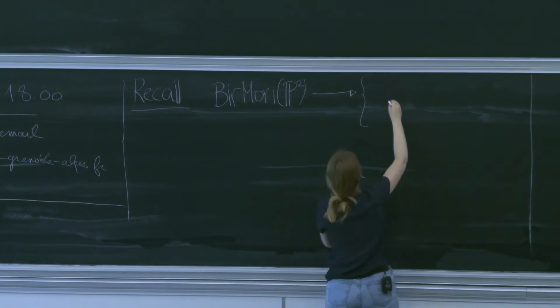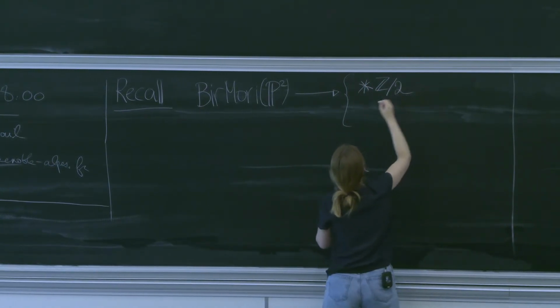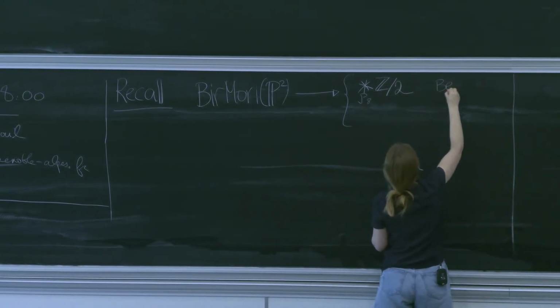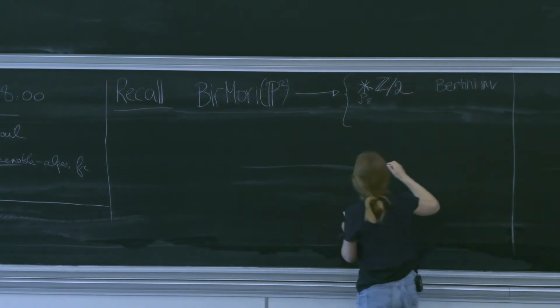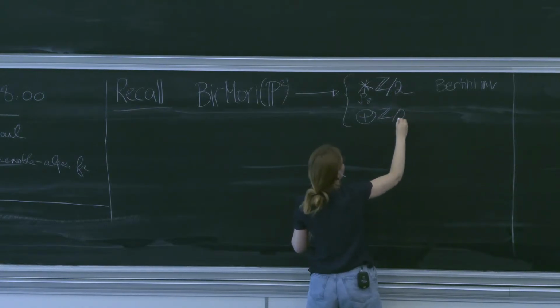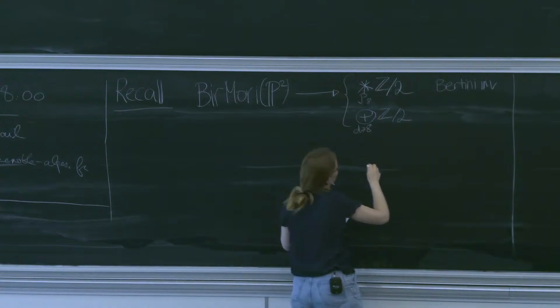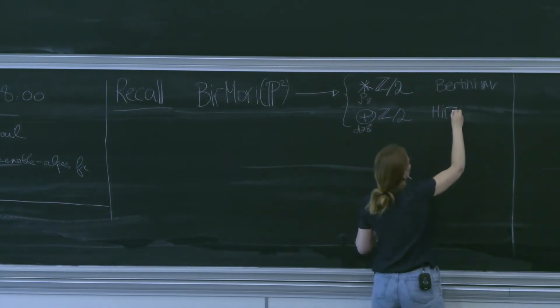With one, we went to a free product of Z modulo 2, where we used the Bertini involutions. And in a second construction, we went to a direct sum of Z modulo 2, where we used the Sarkisov links between Hirzebruch surfaces.